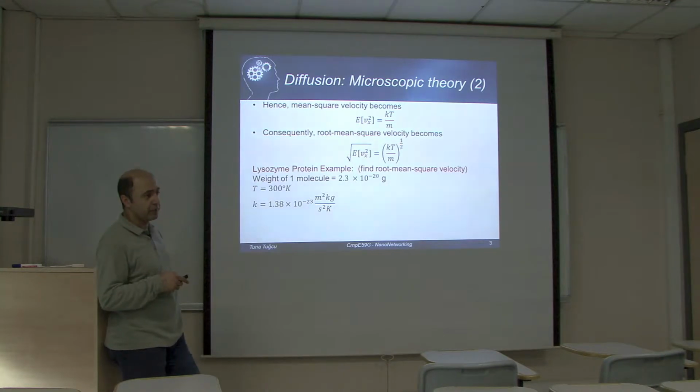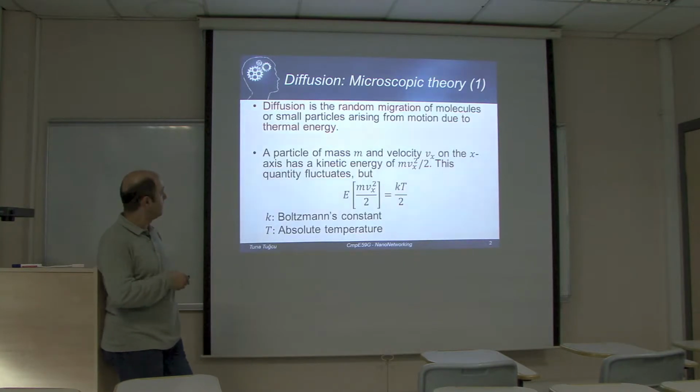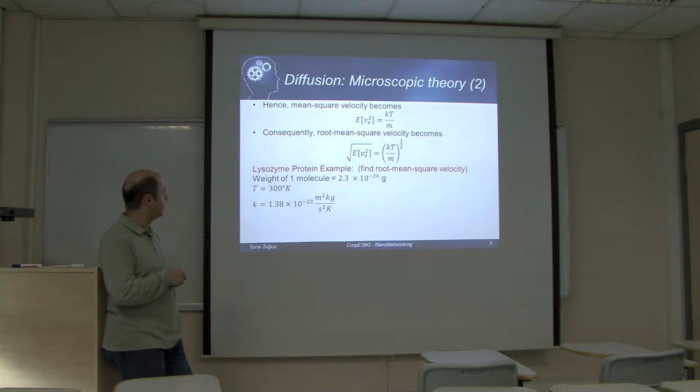As an example, let's look at this mass m to be a lysozyme protein, and let's try to find the root mean square velocity of this molecule. The weight of this lysozyme protein is 2.3 times 10 to the minus 20 grams. Let's assume that the temperature is 300 Kelvin for the sake of simplicity.